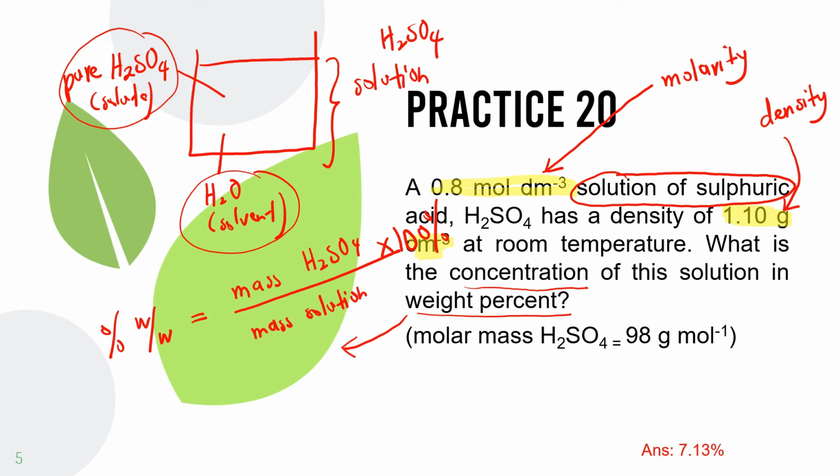Okay, so in this case, from the information given in the question, these two values cannot simply fit into this formula. So what you need to do is modify and manipulate these two values, and find certain values so that you will get the mass of sulfuric acid and also the mass of solution.